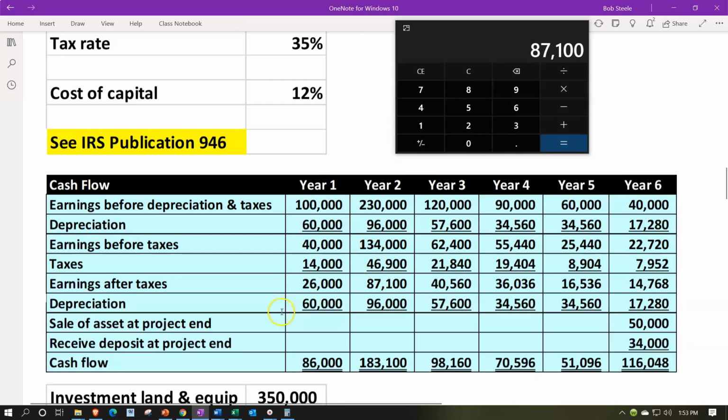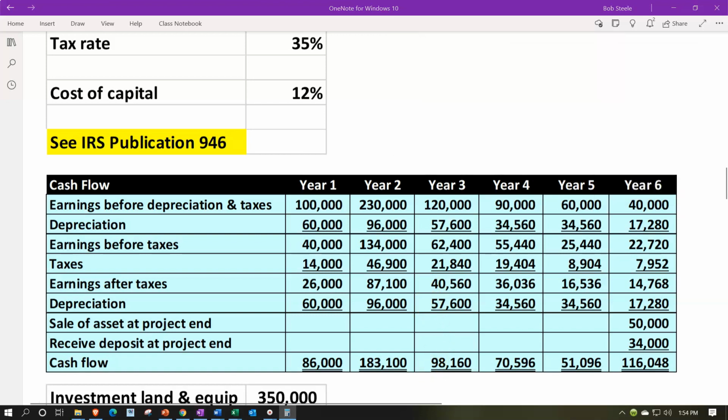And then we're going to take the depreciation and add that back in, because the depreciation is not a cash flow item. We only took it into consideration to calculate the taxes. So we take that depreciation column up top and simply add it back in. So now we've got the 26,000 plus the 60,000 is the 86,000, the 96,000 and the 87,100 is the 183,100, the 40,560 and the 57,600 is the 98,160, and so on.